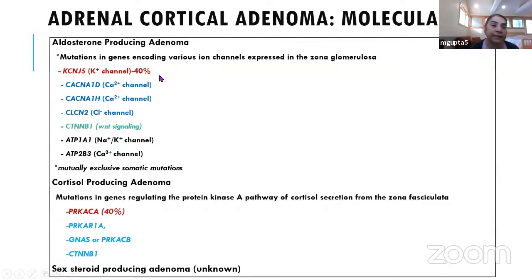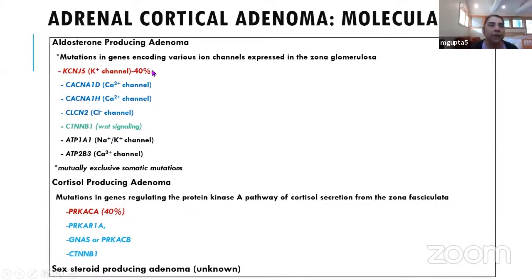And as this red indicates here, KCNJ5 is the most common mutation, found in most of the 40% of the aldosterone-producing adenomas, followed by these other calcium channel and chloride channel related mutations. And a subset of these lesions can also have mutations in the Wnt signaling pathway, which is the beta-catenin or CTNNB1 pathway.